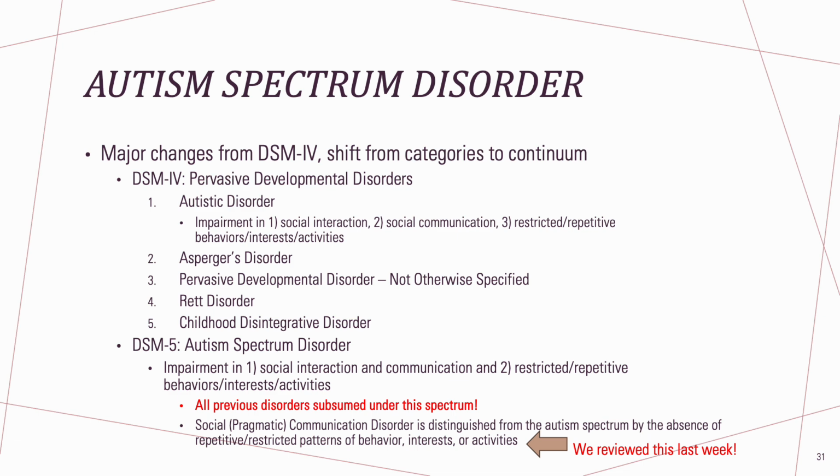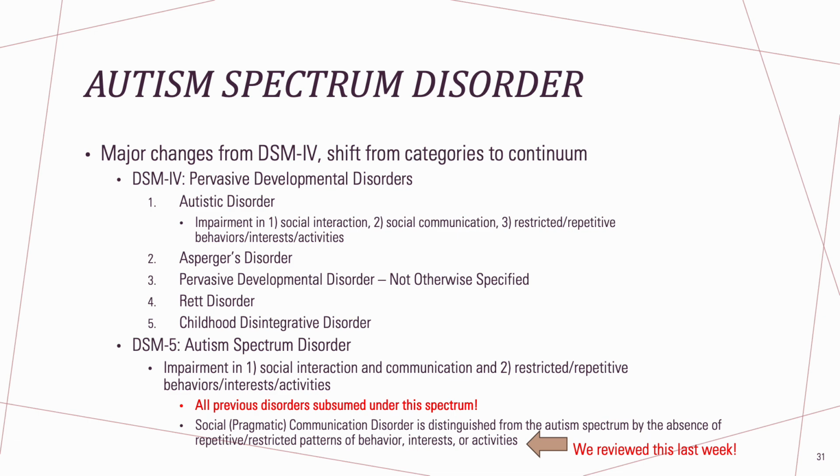So autism was one of the first classifications of disorders within the DSM that really took this dimensional model and actually proposed it and made it happen in the DSM. So this is actually a really nice example of where, in general, we want the field to be and what we would really like to see reflected in the DSM for all the other classifications of diagnoses.